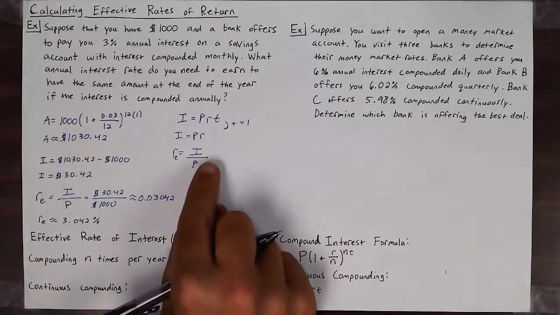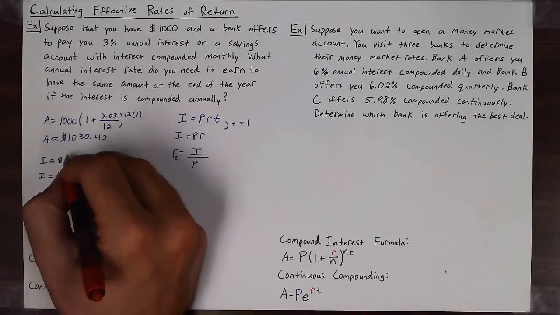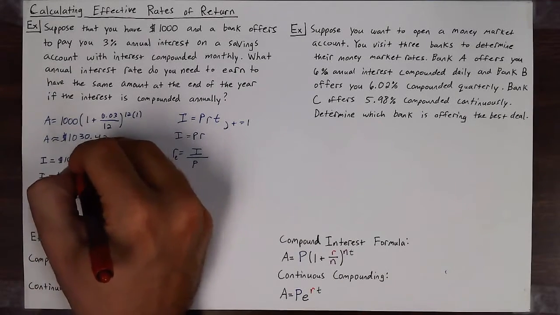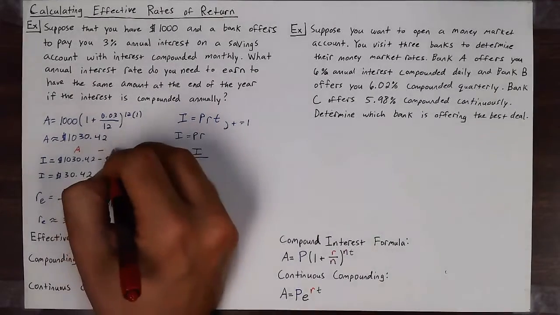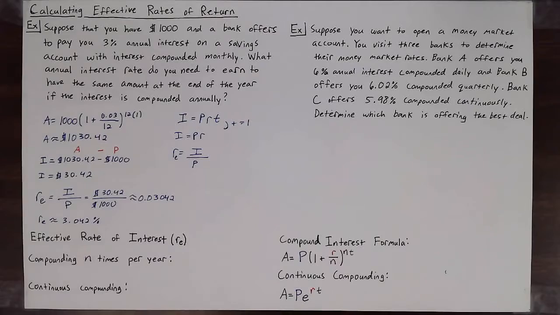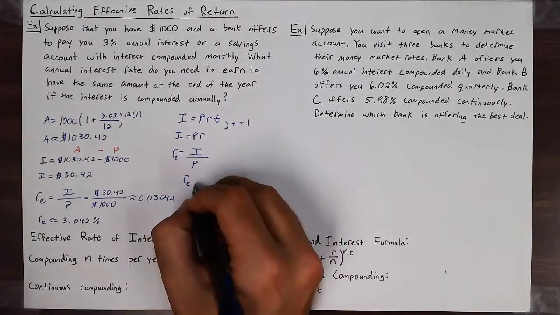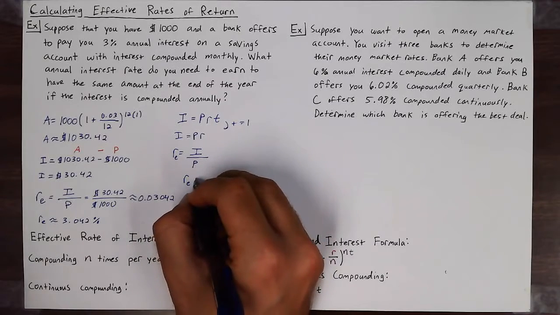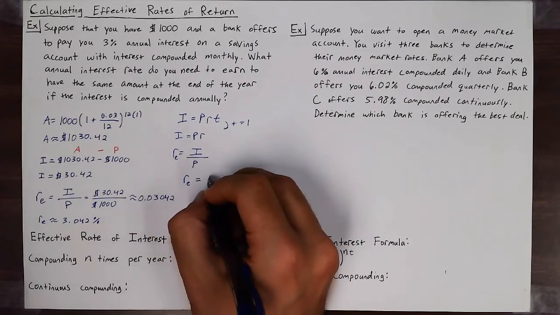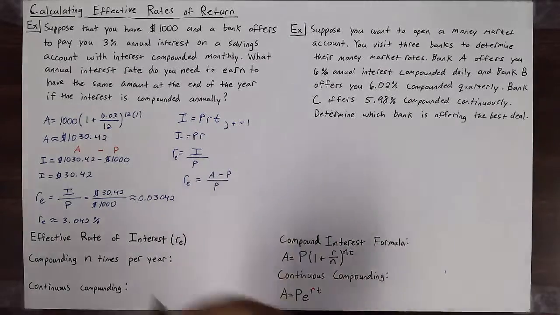Because how we found this interest rate, if I go back a previous step, that came from the future value minus the present value, the principal. So essentially, the effective rate of interest is equal to the future value minus the present value, all divided by the present value.